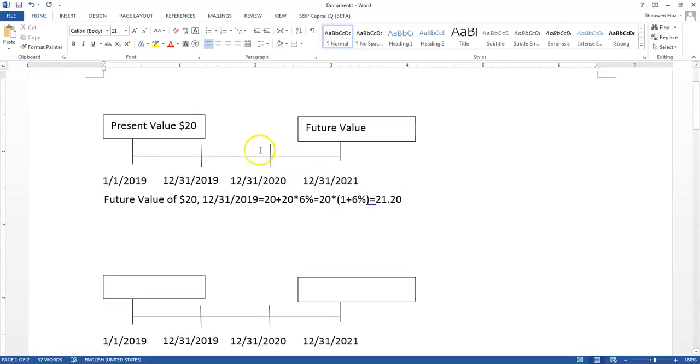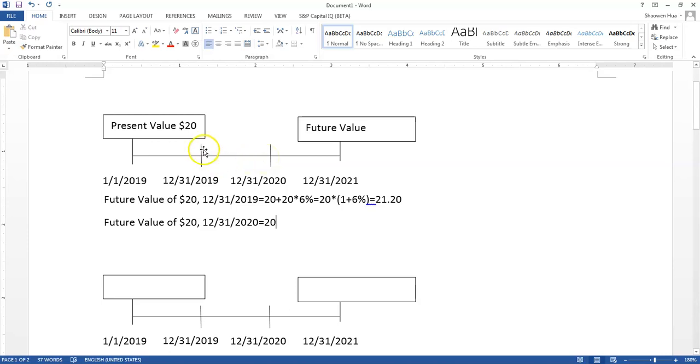Okay, how about if I am going to pay him back at the end of the second year? I will pay him not only the principal I originally borrowed, I also need to pay him 2 years of interest.